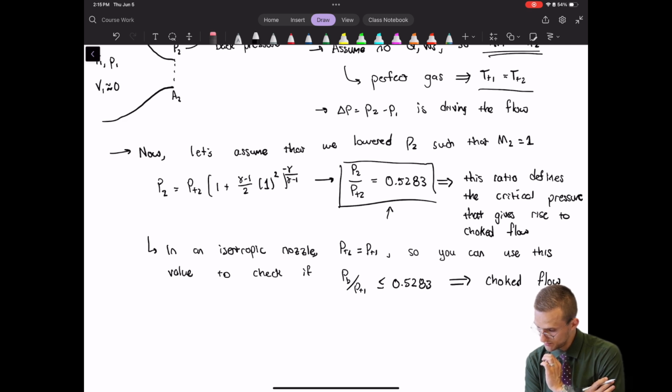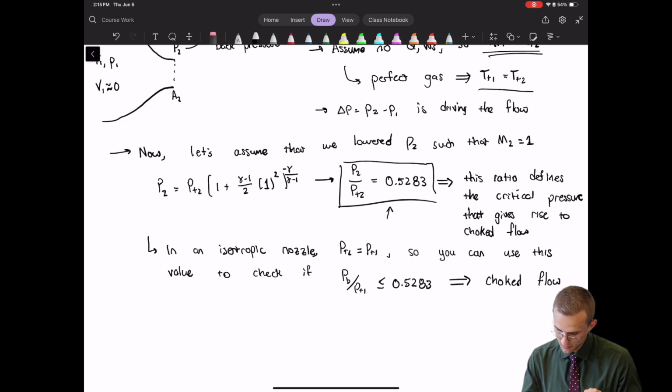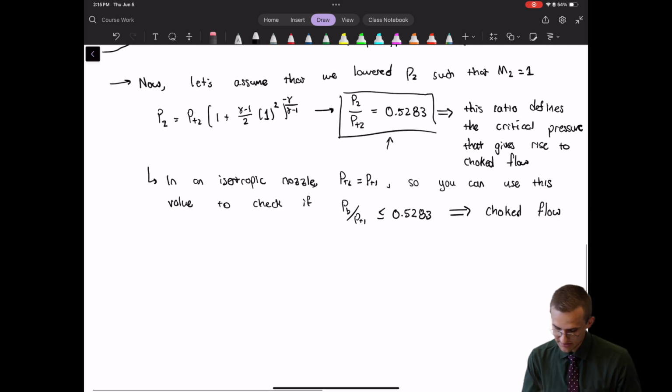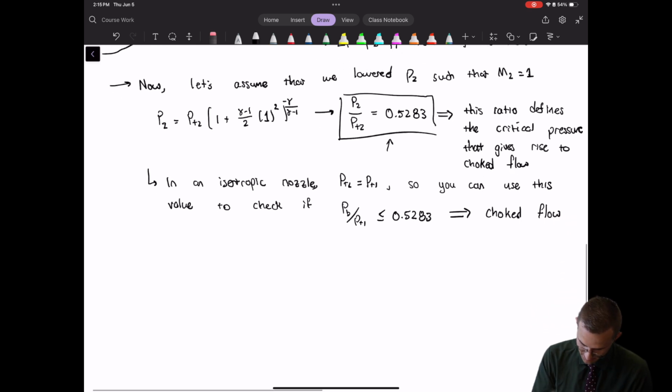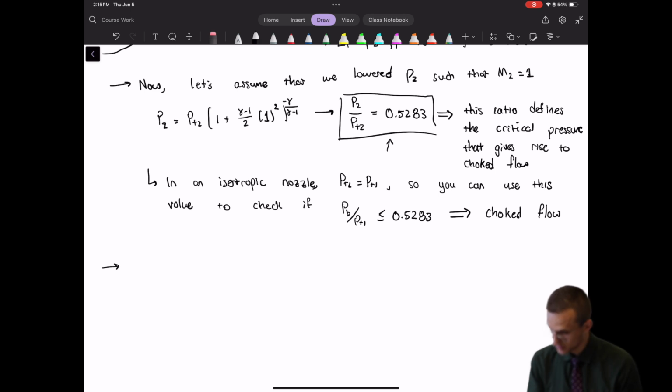Okay, so what we're going to do here is almost an aside, but it is us proceeding down this route.